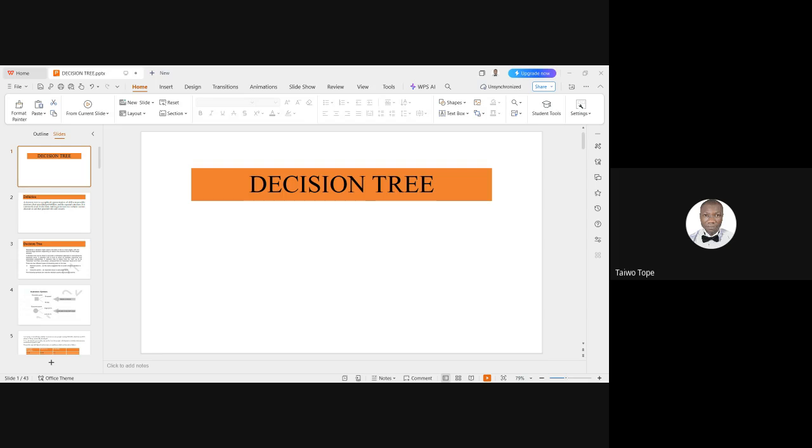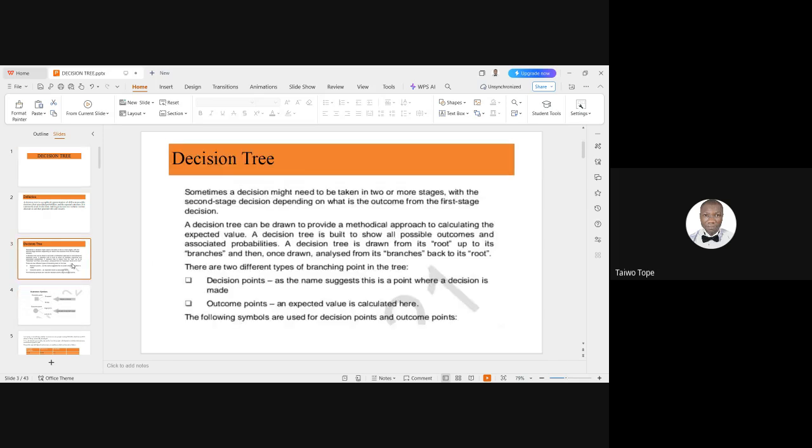Another word for chance node can be uncertainty. So when we talk about the decision node, this node is used where there is no probability attached. That is, you use a decision node to depict a point whereby there is no probability attached to that point.